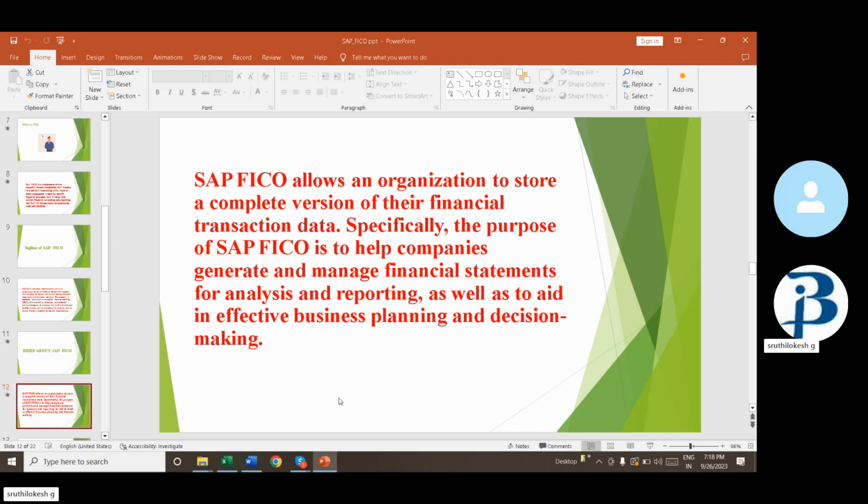It allows an organization to store the complete financial data. Whatever financial data we have, we'll store in this. Here we'll use only the company code, meaning we'll have only the code. Whatever the company we are doing, all the organization, whatever details or reports we are doing, we will store that in one code.